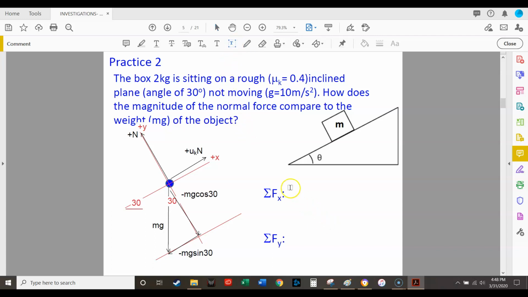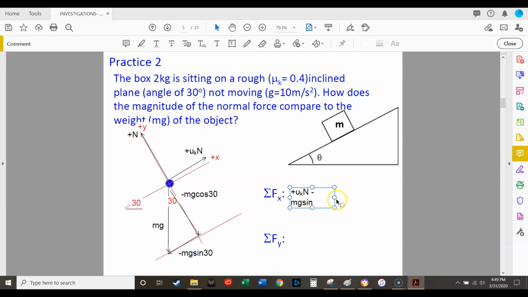All right, let's go ahead and sum the forces in the x and y direction. In the x direction, I see 2 horizontal vectors pointing along the x direction of the coordinate system: negative mg sine of 30 degrees and positive mu sub k times the normal force. So we have positive mu sub k times the normal force, right? And that k is a little sub, minus mg sine of 30 degrees.